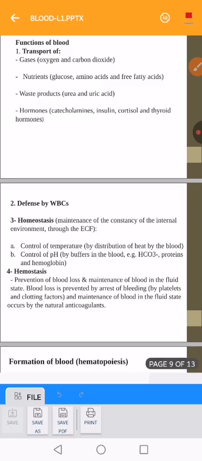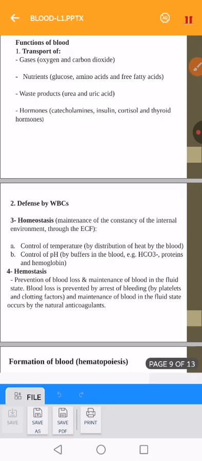I think anybody can notice that, like if someone is injured and there is blood loss through that injury, the blood outside our body will clot immediately. So to prevent that clotting, and to prevent blood loss through hemoptysis, hematemesis, epistaxis, we have some factors that prevent that.